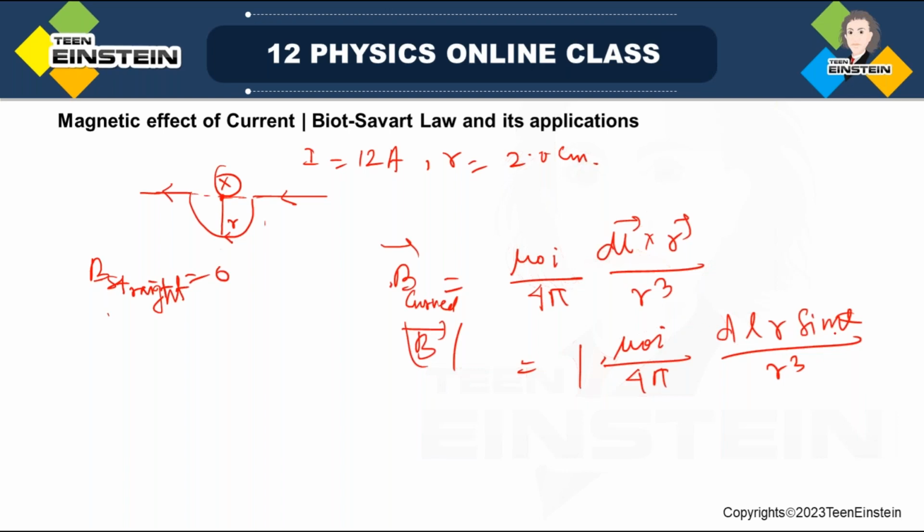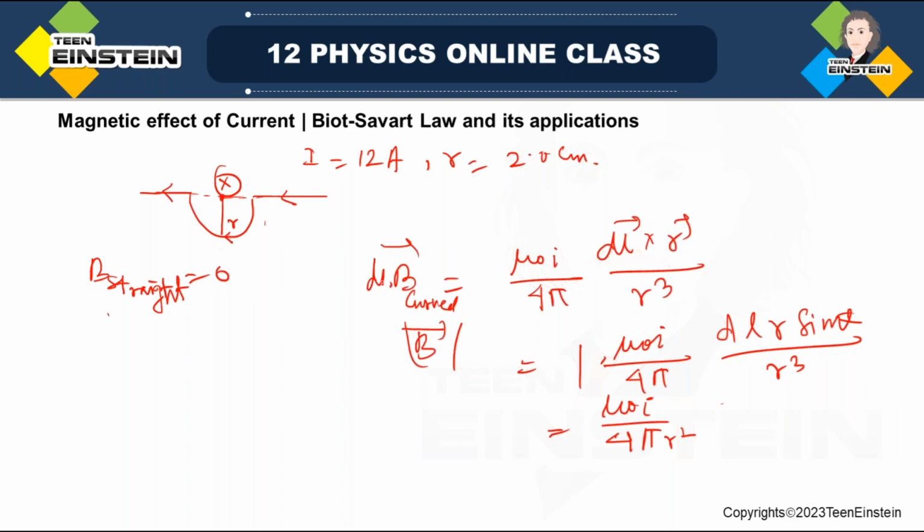In this case theta will be 90 degrees, as you can understand. So mu 0 I by 4 pi is the constant part, dl, and r square in the denominator, and sin theta, theta is 90 degrees, so sin 90 degrees is 1.